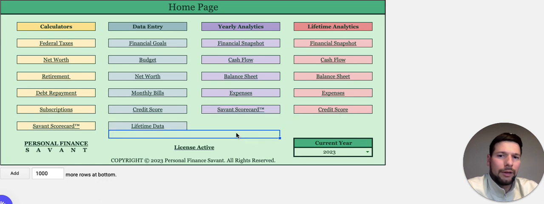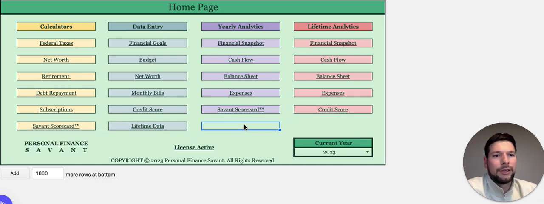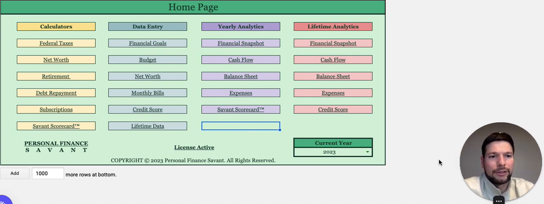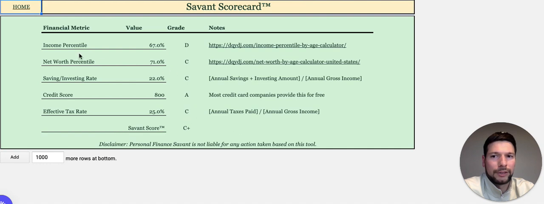And then in one of the earlier videos, we talked about the Savant scorecard. So the idea of these different proprietary categories and calculations I put together to come up with a grade for yourself based on that point in time, what's your financial snapshot look like. And I'll just quickly look on that to do a quick refresher, but your Savant scorecard is built based on your income percentile, your net worth percentile, your savings and investing rate, your credit score, and your effective tax rate.